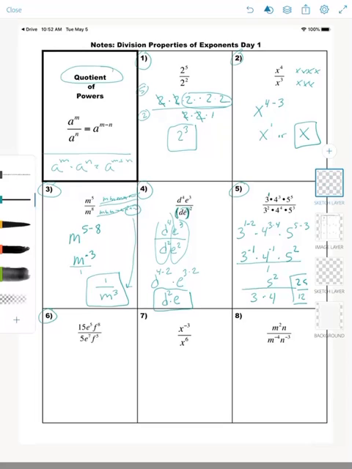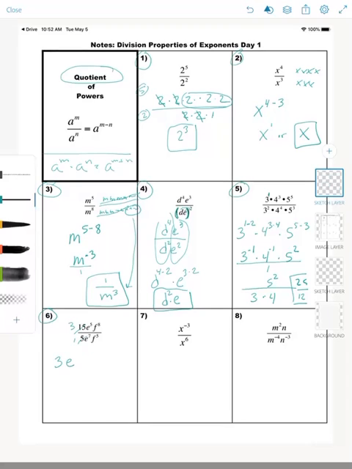Number 6. Okay, so we have 3 different kinds of bases. We have numbers, there's no exponents there, but there's a division problem that we can do. Then we have a base of e and a base of f. So 15 and the 5 can cancel to leave a 3 and a 1.